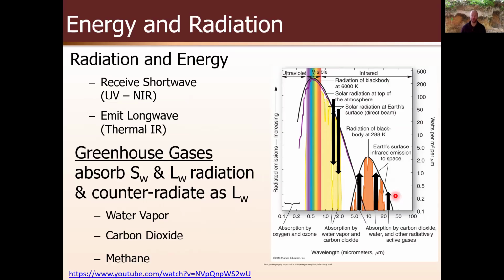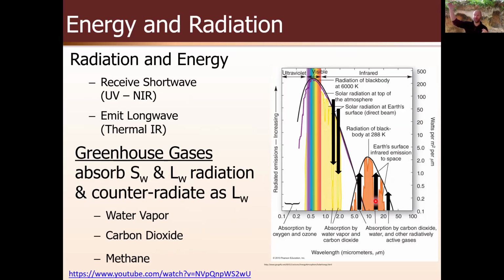Now, to specifically highlight, greenhouse gases like water vapor, carbon dioxide, and methane are capable of absorbing shortwave radiation. They store that energy and then emit it as long wave radiation. However, another important aspect of greenhouse gases is that they can absorb shortwave radiation, but they can also absorb long wave radiation.